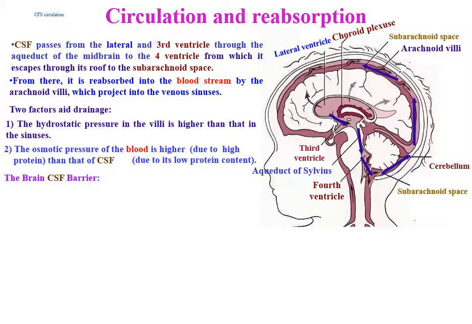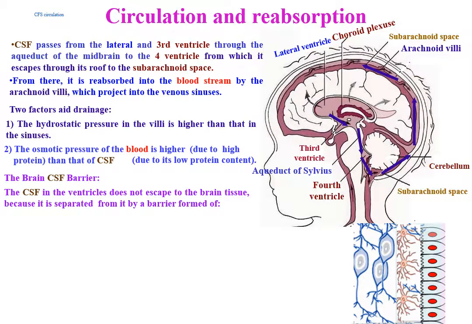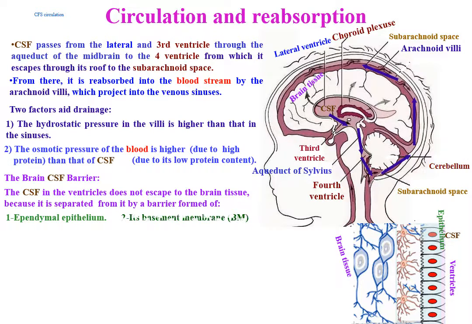The brain cerebrospinal fluid barrier. The cerebrospinal fluid in the ventricles does not escape to the brain tissue because it is separated from it by a barrier, which is formed of ependymal epithelium, its basement membrane, and condensed neuroglial fibers underneath the ependymal epithelium.